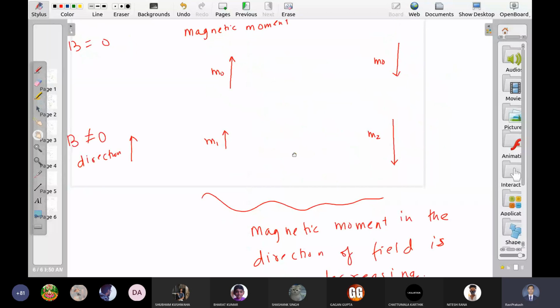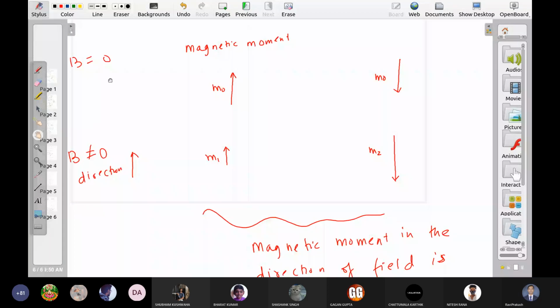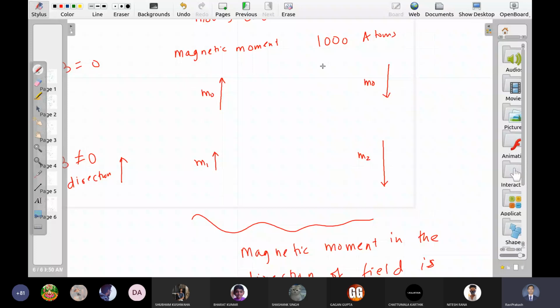So when B is 0, we have all sorts of vectors. Let us say we have 1000 atoms. So roughly 500 atoms have vectors up. Remaining 500 will have vector down.